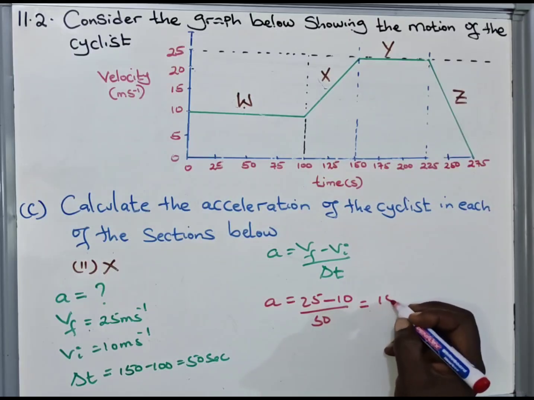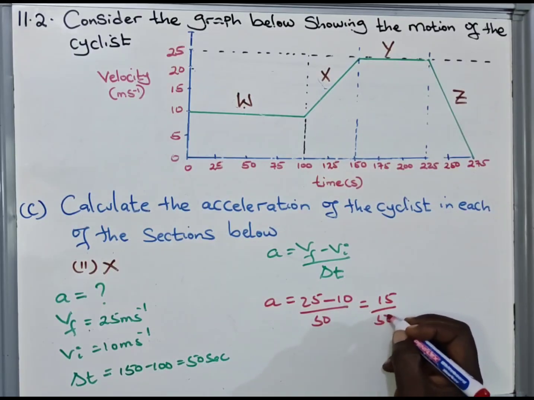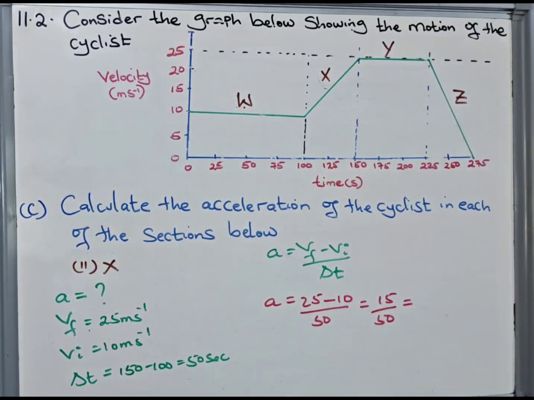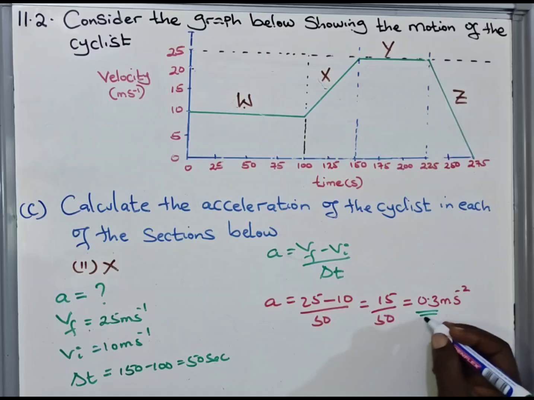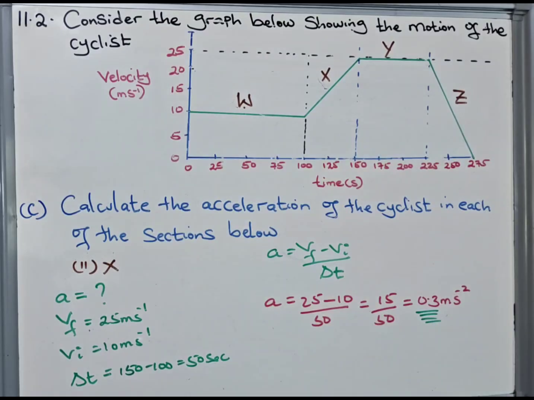This will give you 15 over 50, which is 0.3 meters per second squared.